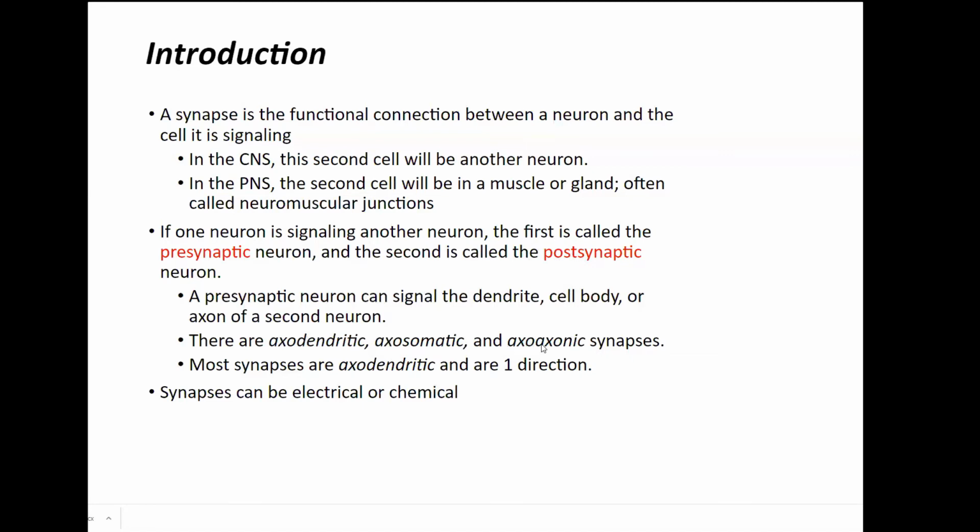And that one is especially important. We're going to get to some more details on those axoaxonic synapses today, because they work a little differently, and these are really where we're going to see modulation of the release of neurotransmitters, whereas the axodendritic and axosomatic synapses are basically going to be producing graded potentials, which we talked about last week.